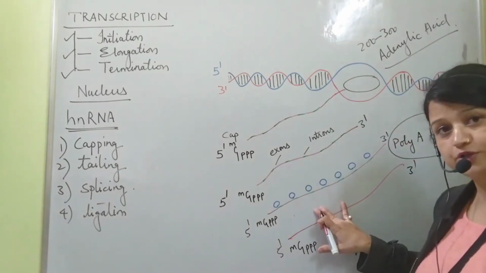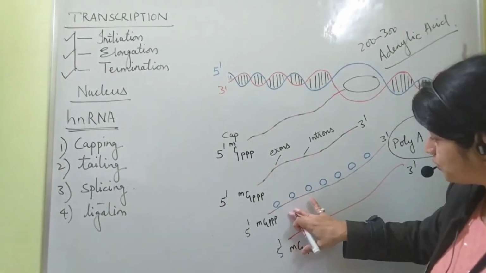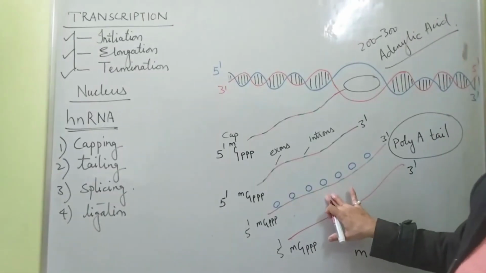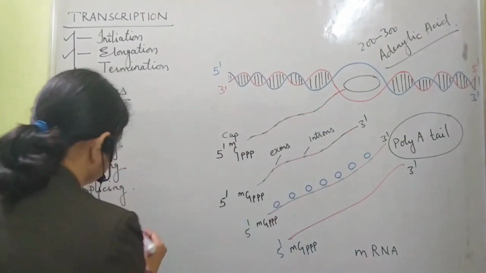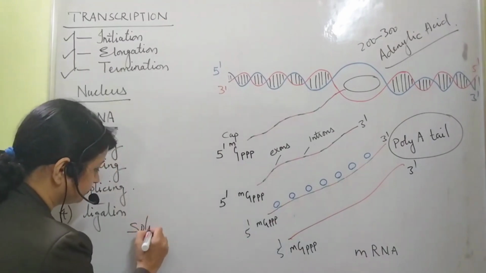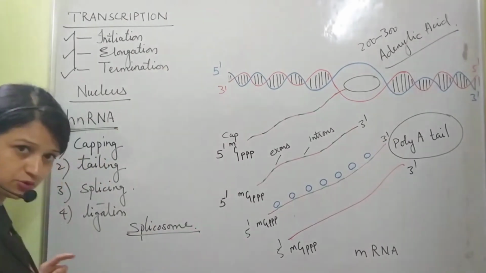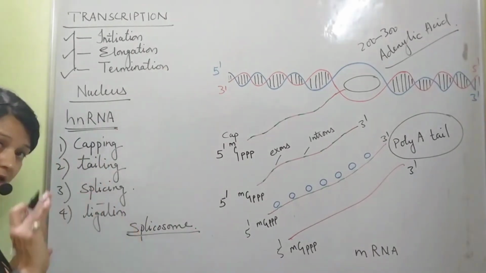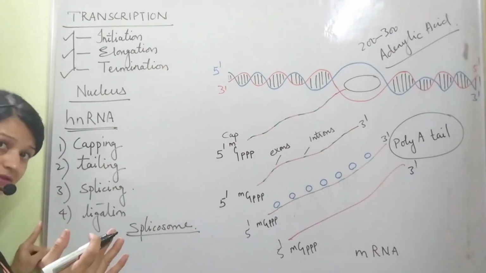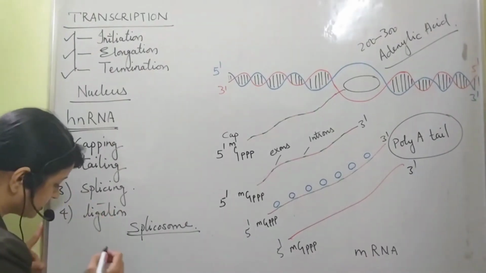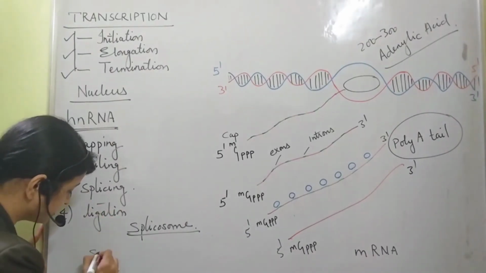After that, the introns are removed with the help of a complex called the spliceosome. Now, what is this spliceosome? Just see here, there are certain proteins required for this, and these proteins are called SNRPs.